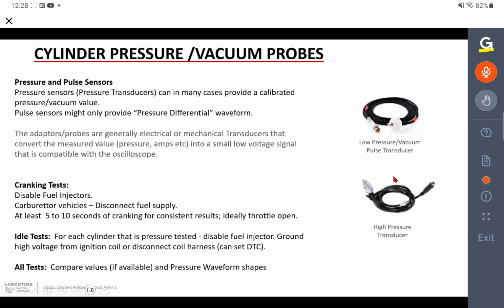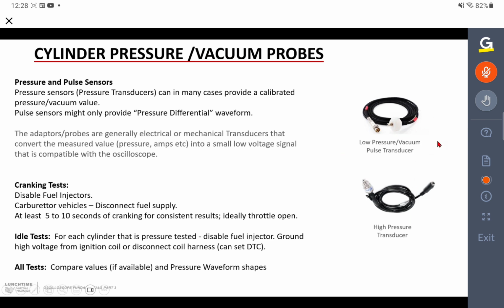So at least you get a start point where you can get a rough idea what the pressure is. But with pressure testing, a lot of the diagnostics that you do with pressure waveforms is actually comparison from a good cylinder to a bad cylinder. And we'll look at that as we go through in a few moments.